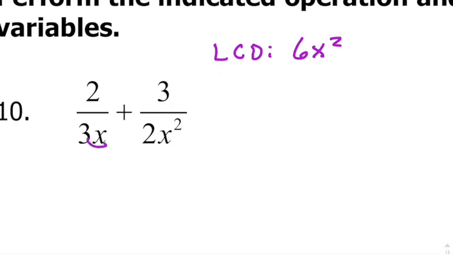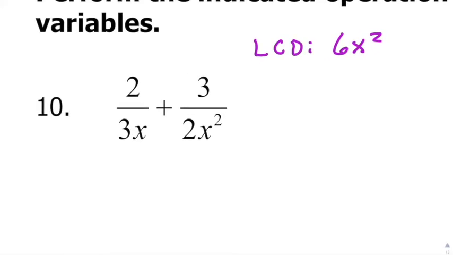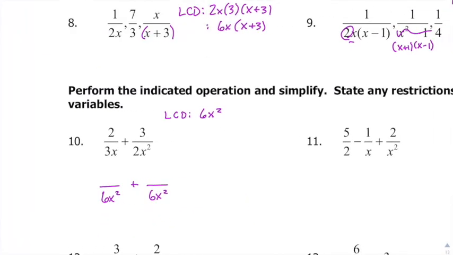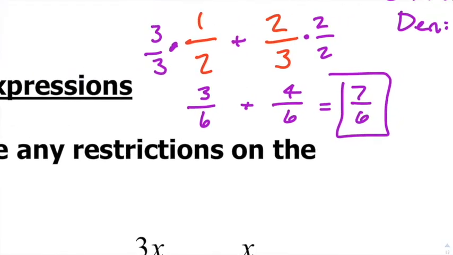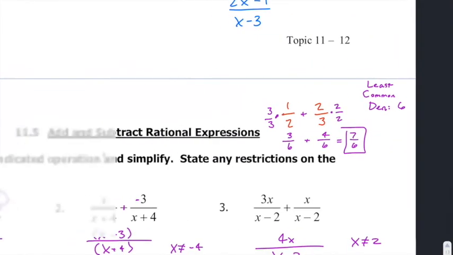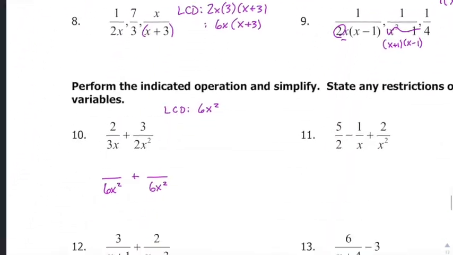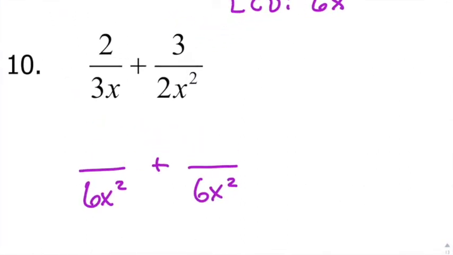And then this one has an x and this one has an x squared, so they both need an x squared eventually in the denominators to add. So we're going to make these new denominators look like 6x squared in the bottom. That's what we want them to look like. So kind of like that very first problem we did, like a middle school adding fractions problem, you get the common denominator by multiplying by whatever is not in that denominator.